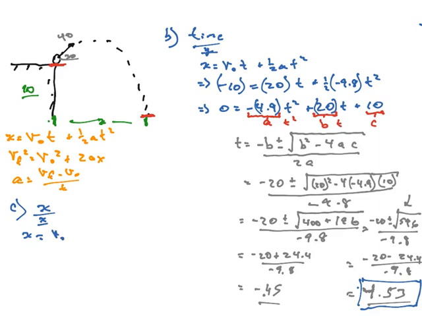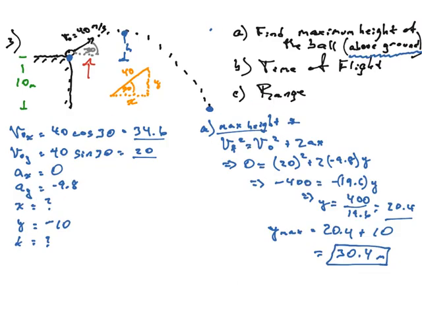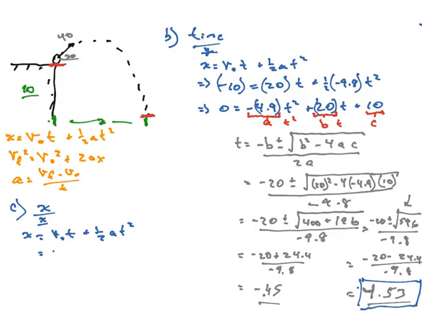X equals v naught t plus 1/2 at squared. I'm looking for x. V naught x, what was it again? 34.6. Don't be tempted to put that 20 in here. The 20 was the y initial velocity. This is the x.